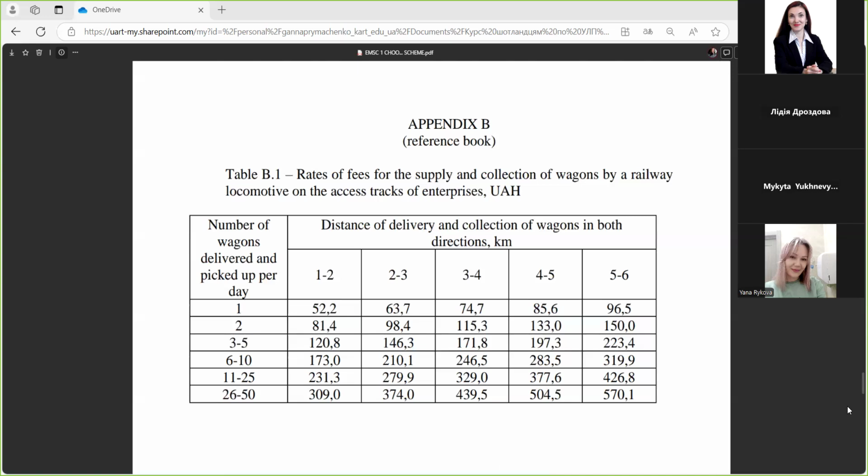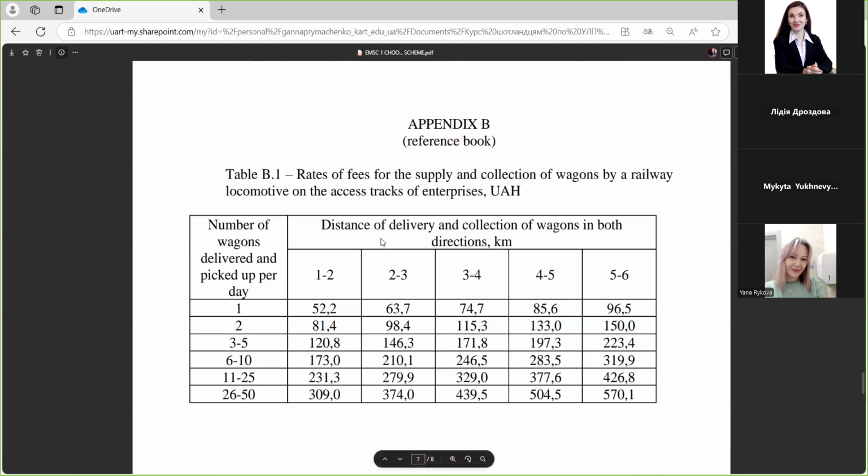So, okay, I think you already saw this. The first column is the number of wagons for delivery and pick up per day. In every variant, if we add all wagons for delivery and pick up every day, it will be more than 50 wagons for all variants.